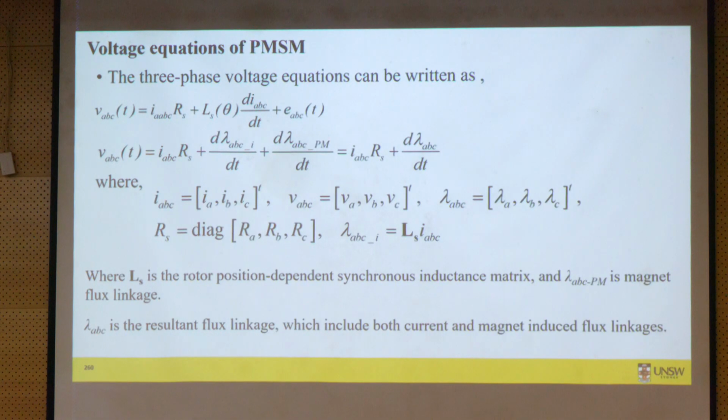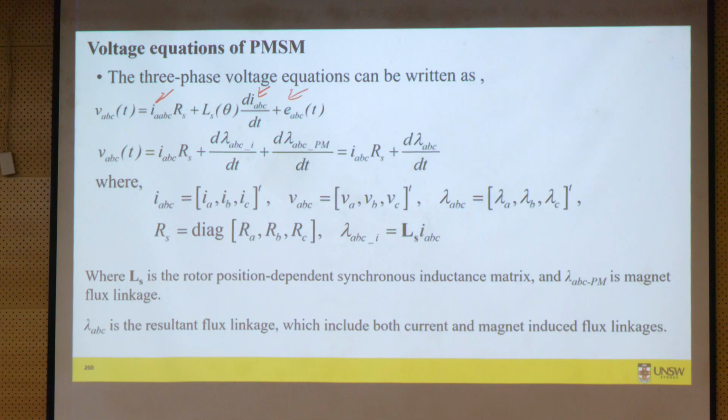And so if we apply the transformation to each sinusoidal quantity in our per phase equation, there's quite a lot of maths you have to do. It's a matrix multiplication.